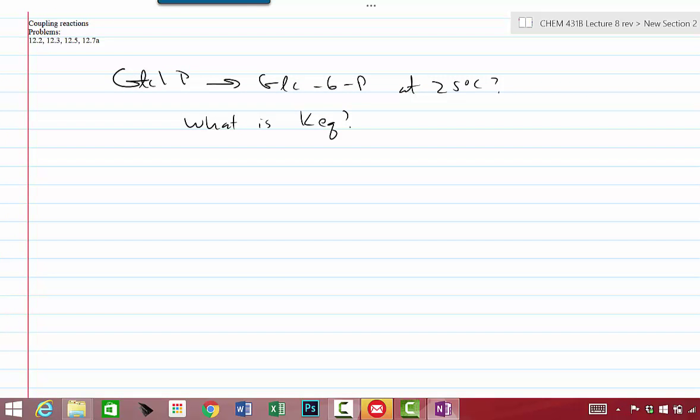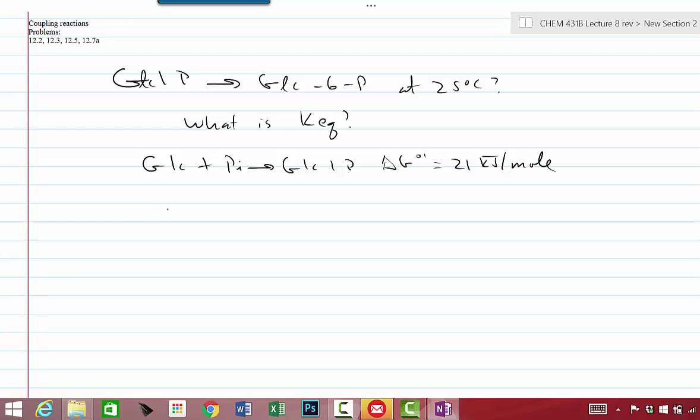What we're going to be given is a couple of reactions. One is glucose plus inorganic phosphate goes to glucose 1-phosphate, and the delta G under standard conditions is equal to 21 kilojoules per mole.